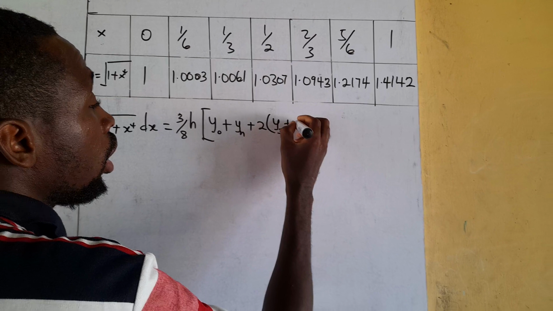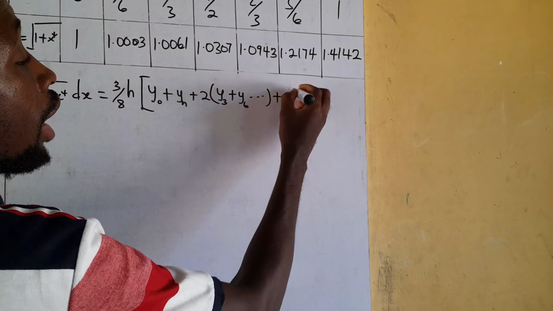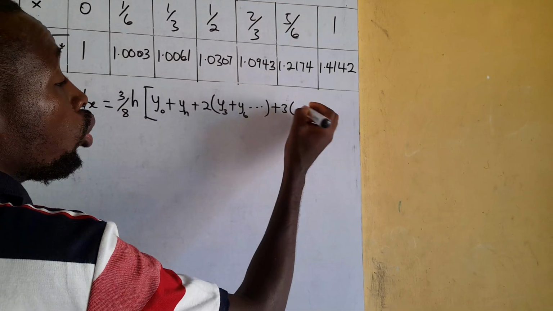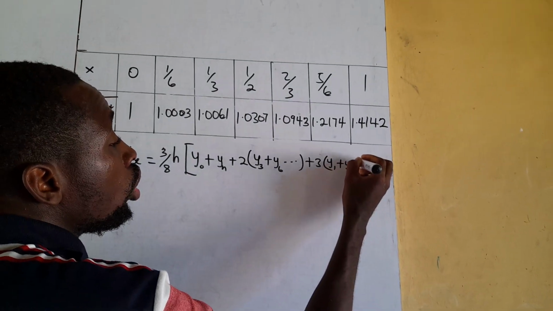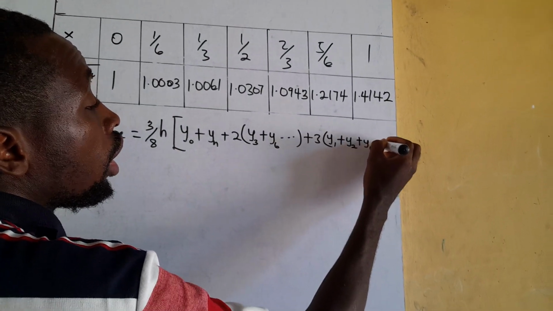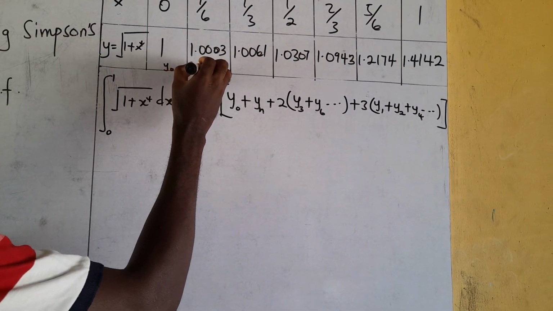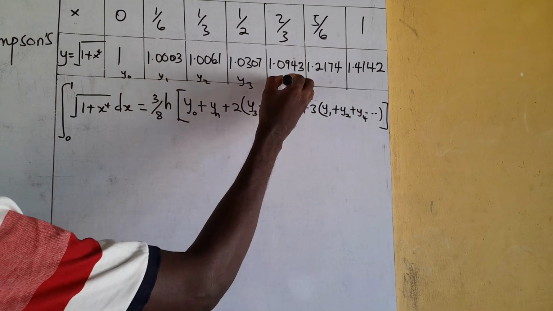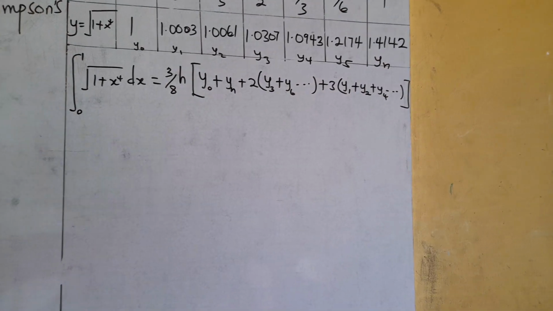That's y3, y6 in that order. Then plus 3 times all the values of y that are not in multiples of 3 positions. That's y1 plus y2 plus y4 in that order. I hope you get that. Remember, this is our y0, this is y1, this is y2, y3, y4, y5, and this is our yn.